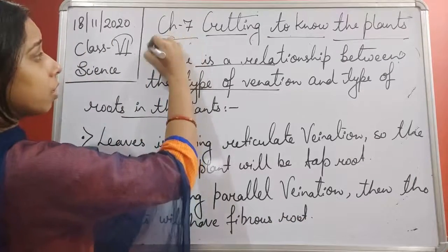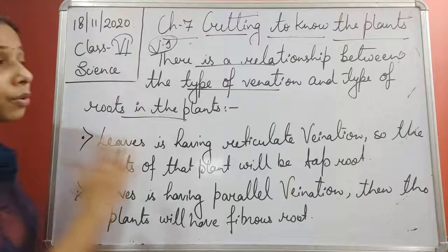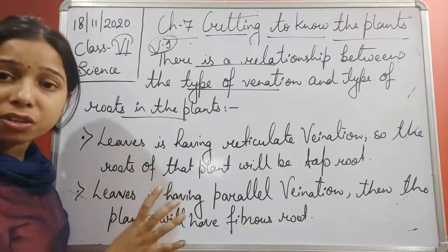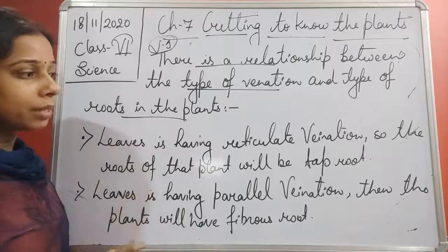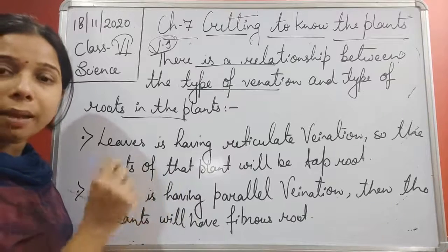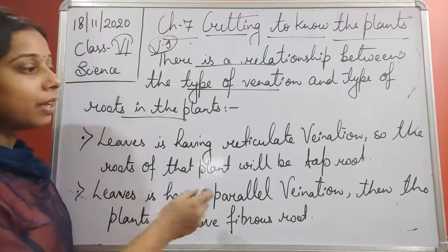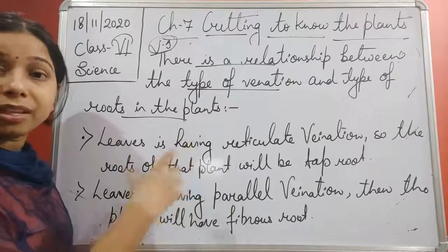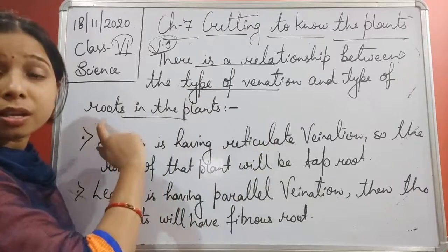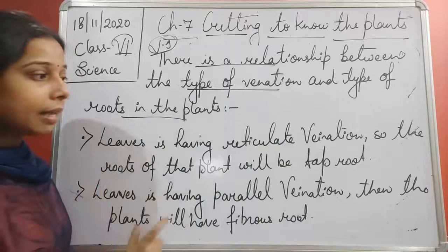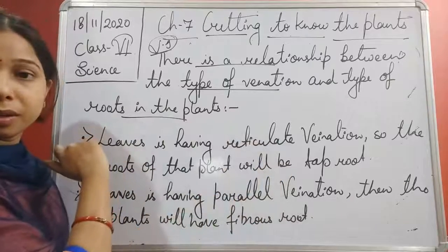Most of the time this question has been asked to you. That is, what is the relationship between the venation and the different types of plant root? If we see a plant, and if you look at the leaf, the arrangement of the veins on the leaf lamina is reticulate venation, then we will understand that that particular plant will have the taproot.